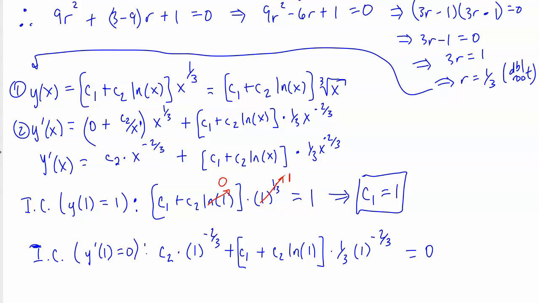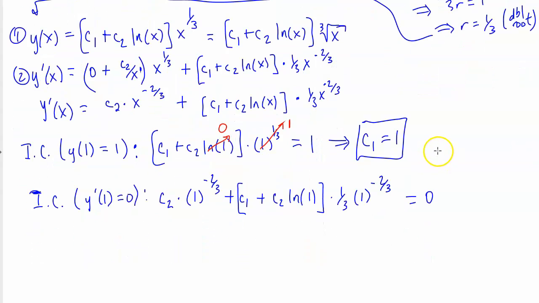And so now we just simplify. So here we know that 1 raised to the negative 2/3, that's just 1. Natural log of 1 is 0, so that means this whole term is 0. We already know that C1 itself is 1. And this 1 raised to the negative 2/3 is just 1.